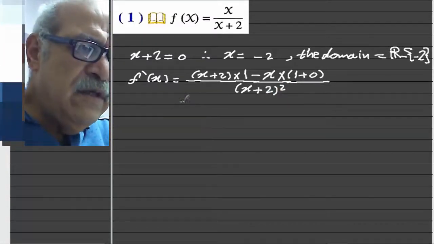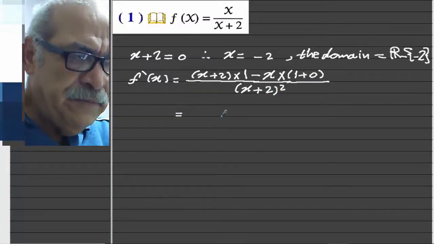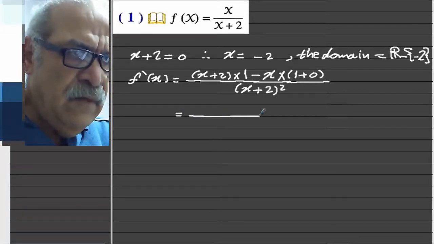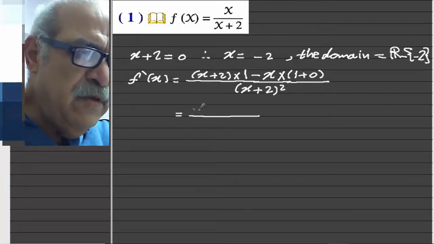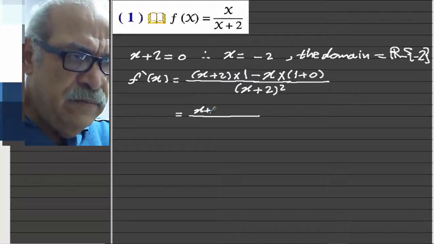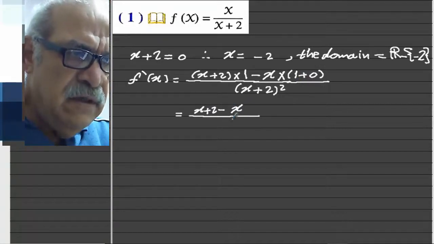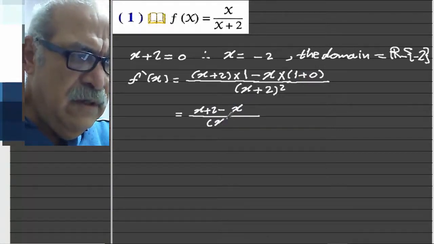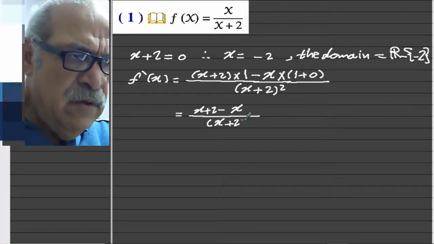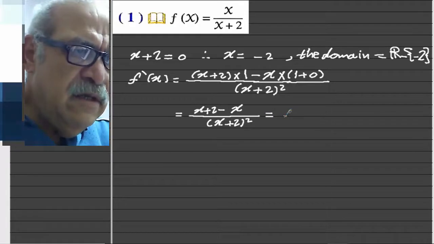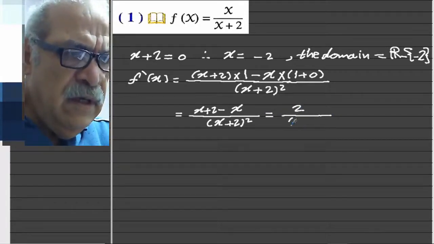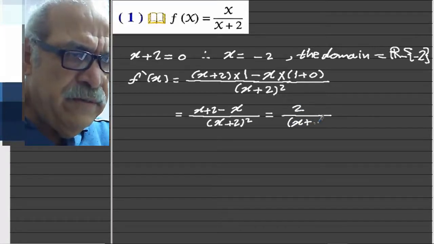And we simplify it. We have x plus 2 multiply 1, it is x plus 2, minus x multiply 1 plus 0, it is negative x, all over x plus 2 all power 2, and the result equals 2 over x plus 2 all square.